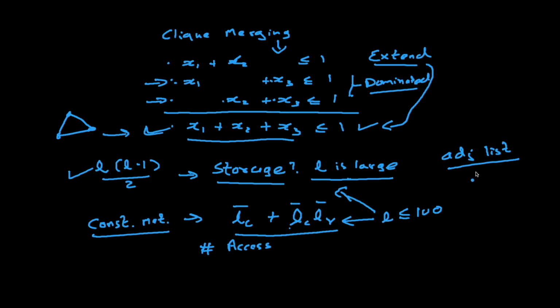We only list the edges U to V, and we don't even need the other direction. If this is the lower index, then we store the U to V edge just like that. If we store it like this, our number of memory accesses reduces significantly, but our storage will increase. So we only do this for smaller cliques. For smaller cliques, all of them go into a graph, and from the graph we find the merging of those cliques.